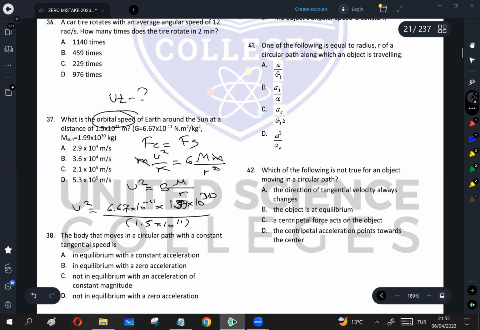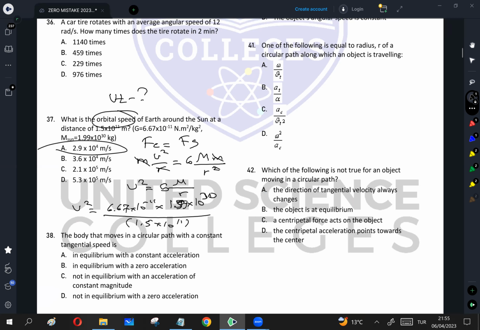So now let's do the calculator. 6.67 times 10 to the power of -11 times 1.99 times 10 to the power of 30, divided by bracket 1.5 times 10 to the power of 11, close the bracket. When we take the root of this answer, the result is going to be 2.97 times 10 to the power of 4.